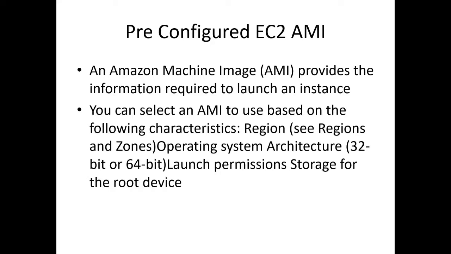You can use different AMIs to launch instances when you need instances with different configurations. An AMI includes the following: one or more EBS snapshots, launch permissions that control which AWS accounts can use the AMI to launch instances, and a block device mapping that specifies the volumes to attach to the instance when it is launched.